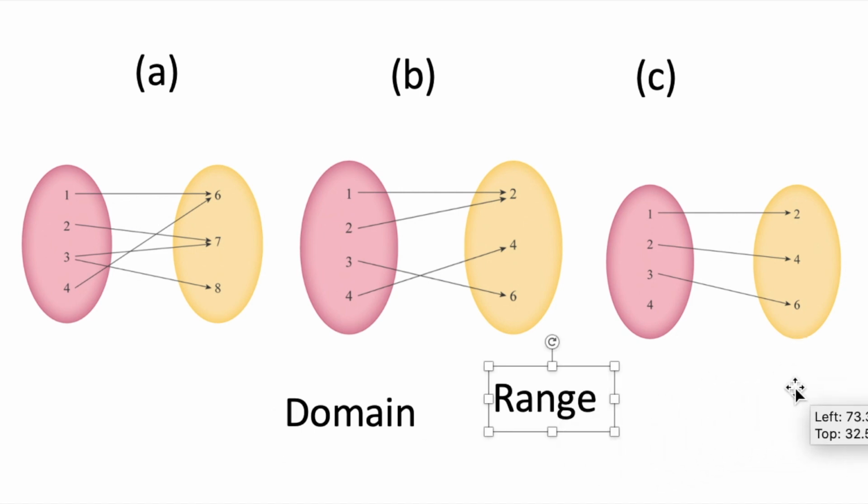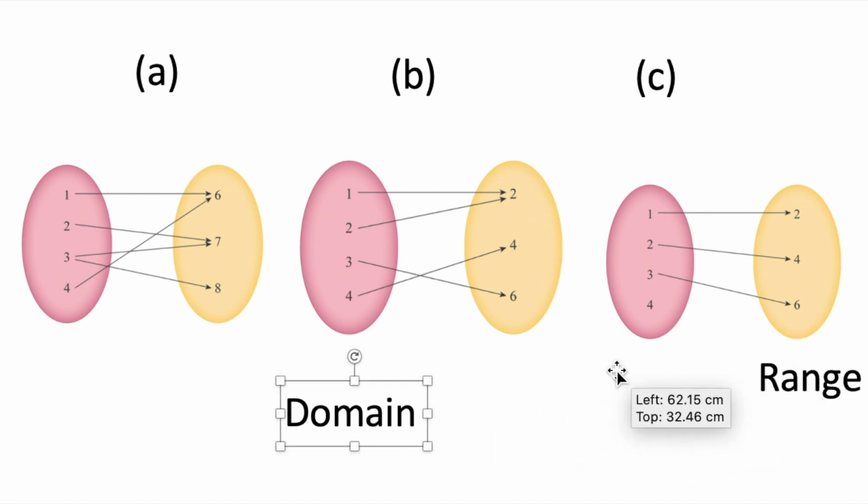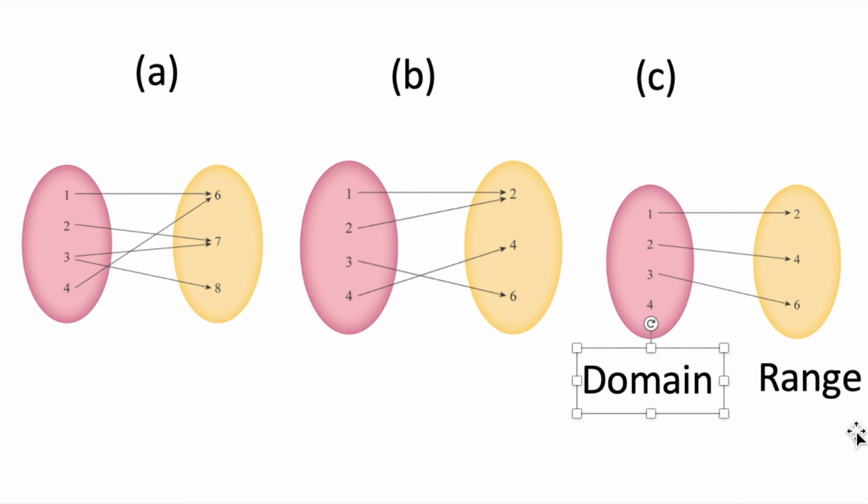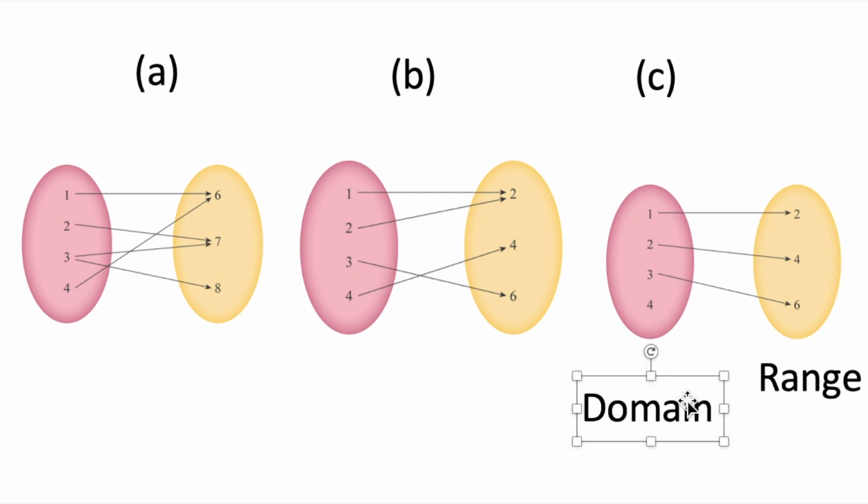And finally, let's move on to C. This one's tricky. I didn't mention it. Let's see if you can get it. You can pause the video. So this one is actually not a function. Even though each value in the domain corresponds to one value in the range, the 4 right here in the domain isn't corresponding to anything.